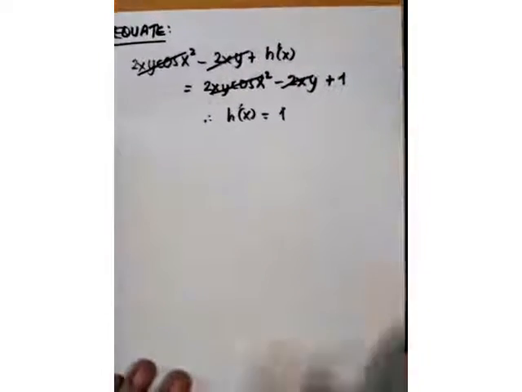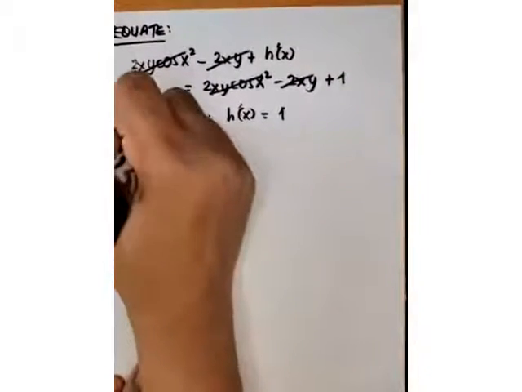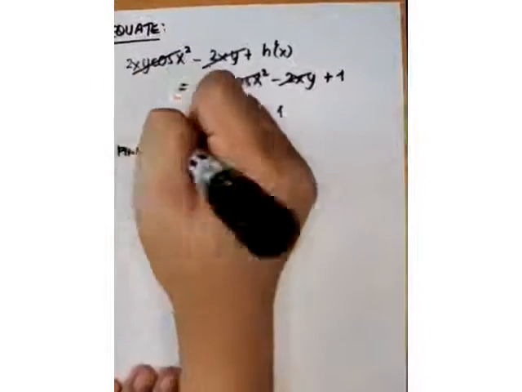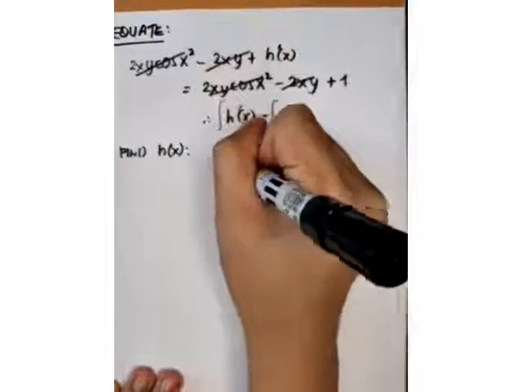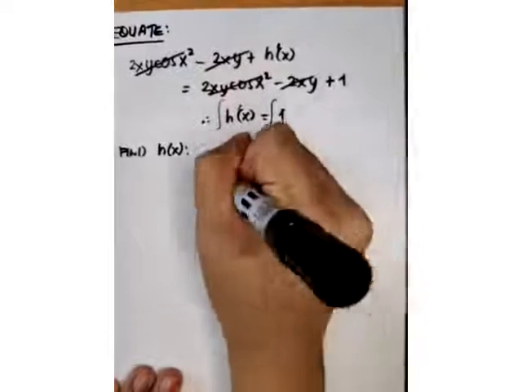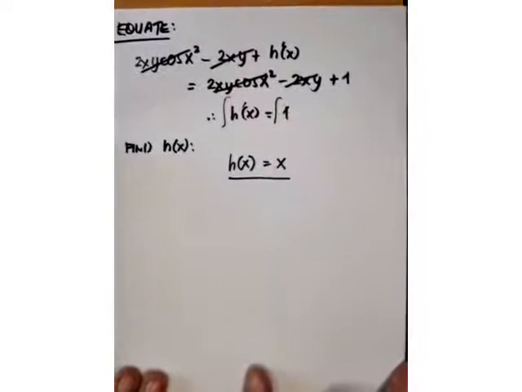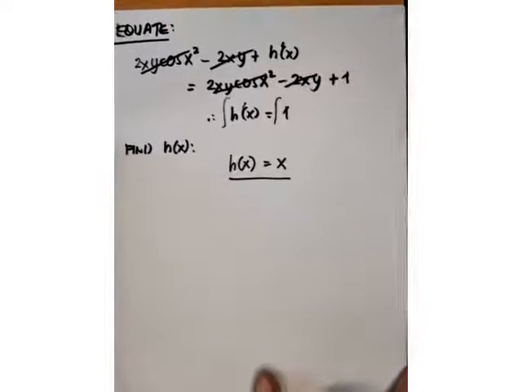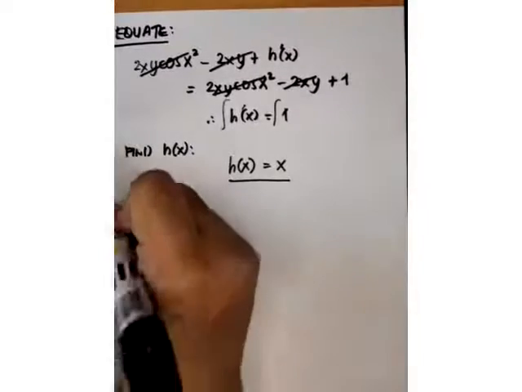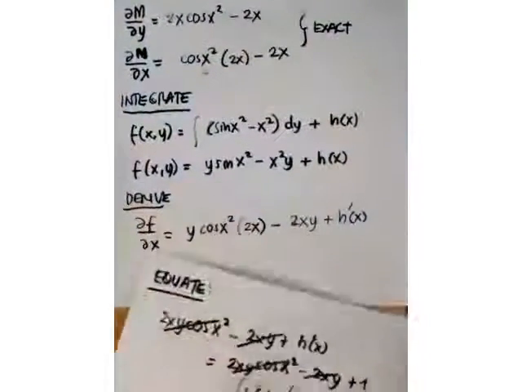Okay. So let's continue. So let's find h of x. Okay, so that means we'll integrate this. So therefore, h of x is equal to x. Now let's substitute that to our f of x.